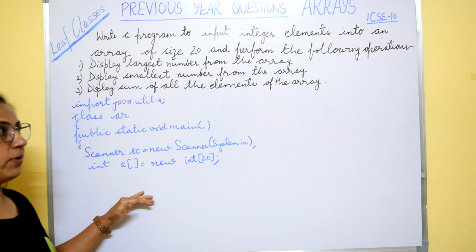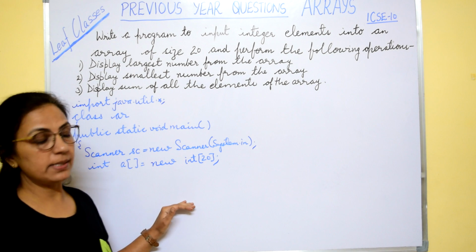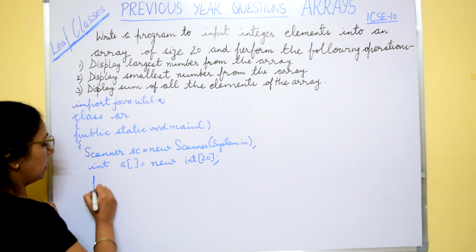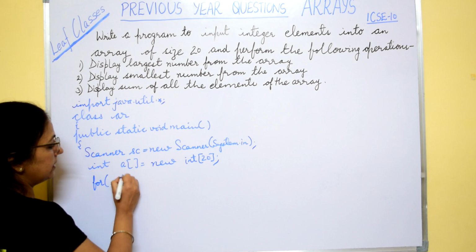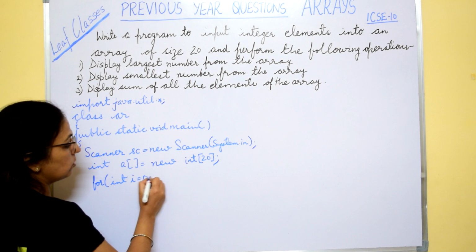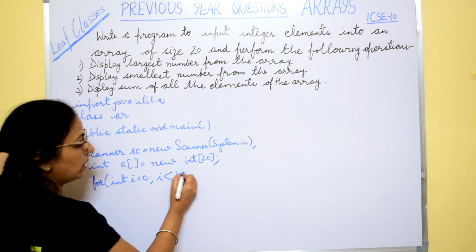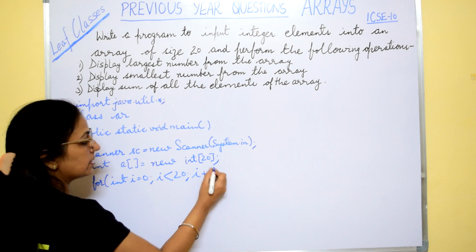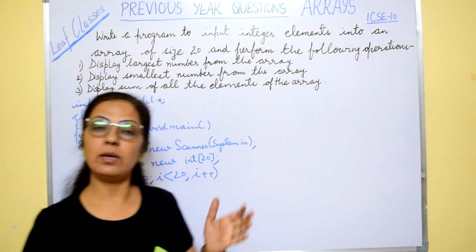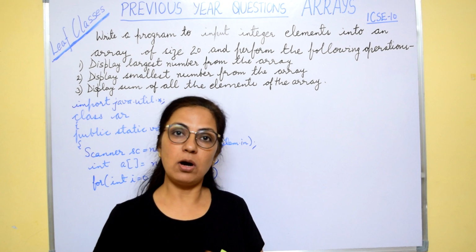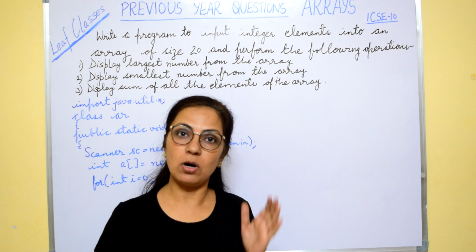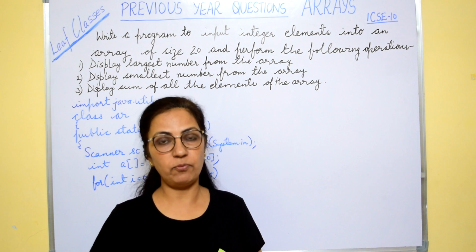Alright. Now we have to input the elements. So I can take the loop: for int i equals 0, i less than 20, i plus plus. Children, whenever you have to input the array elements or display all the array elements, always a loop will be used.